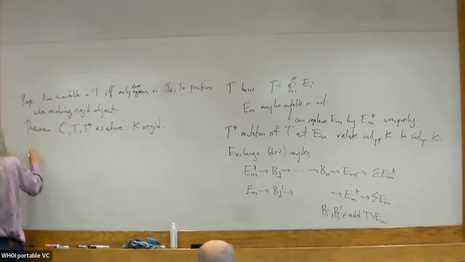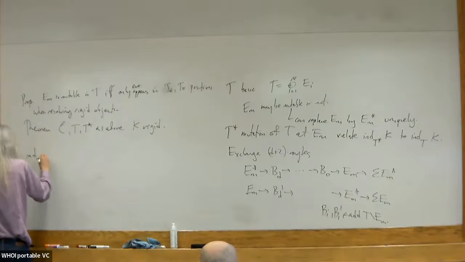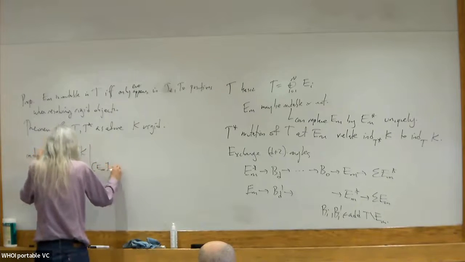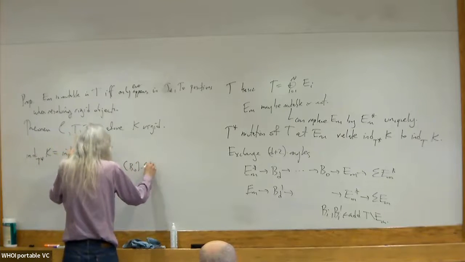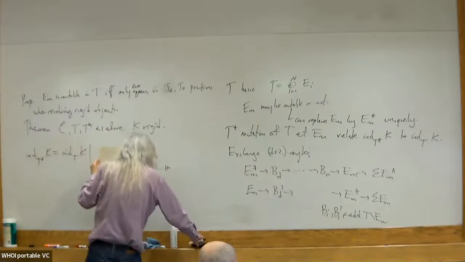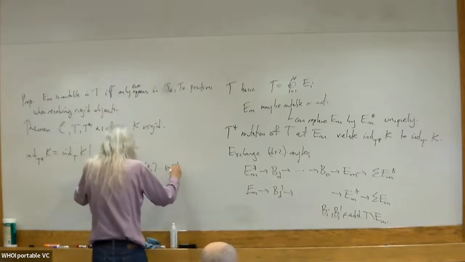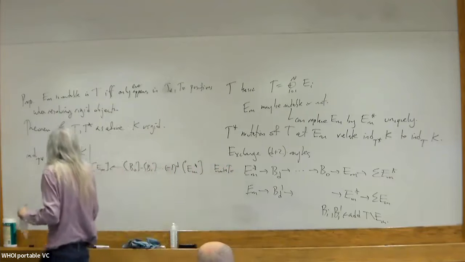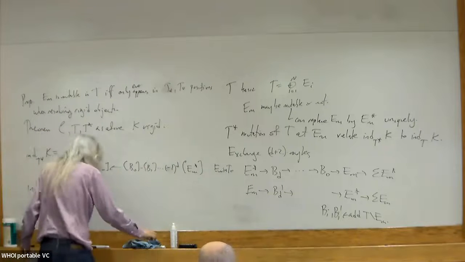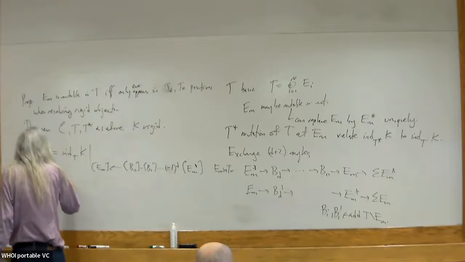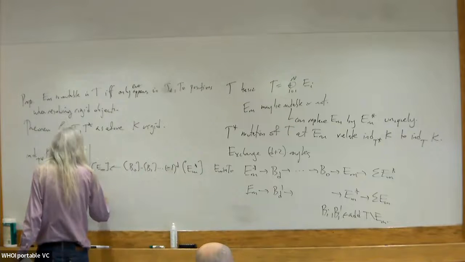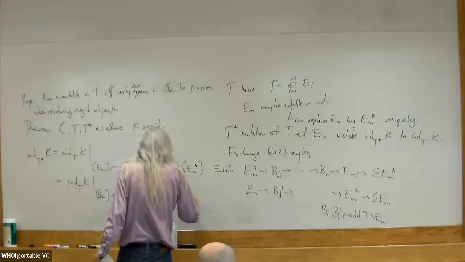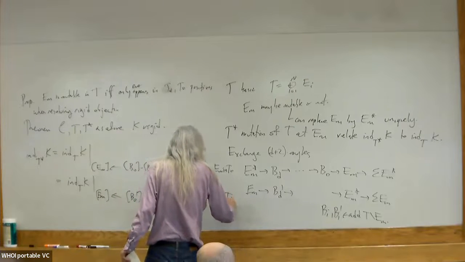Then the index with respect to T star of K is the index with respect to T of K, where we've substituted for EM the class B0 minus B1 dot dot dot, and finally winding up at minus 1 to the D class of EM star, if EM is in T0, or we substitute for EM B0 prime, etc., minus 1 to the EM star, if EM is in TD.